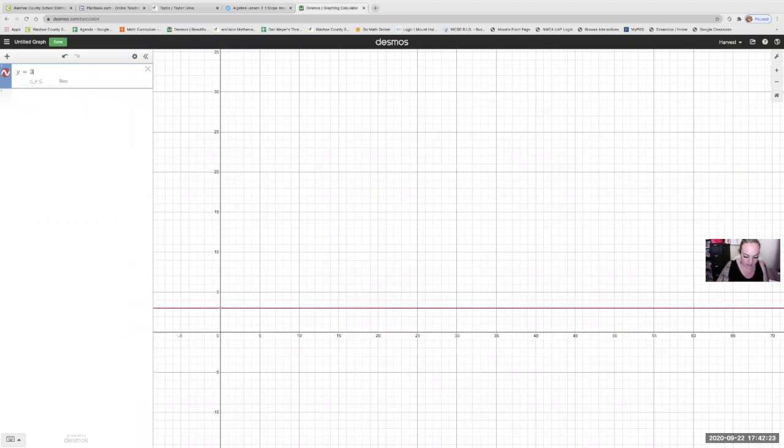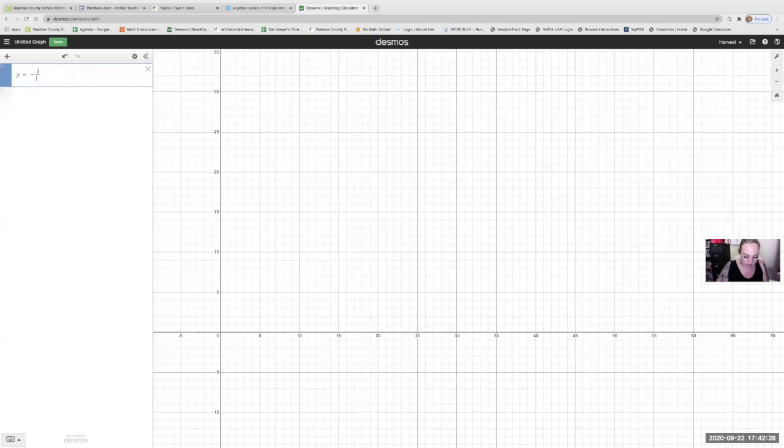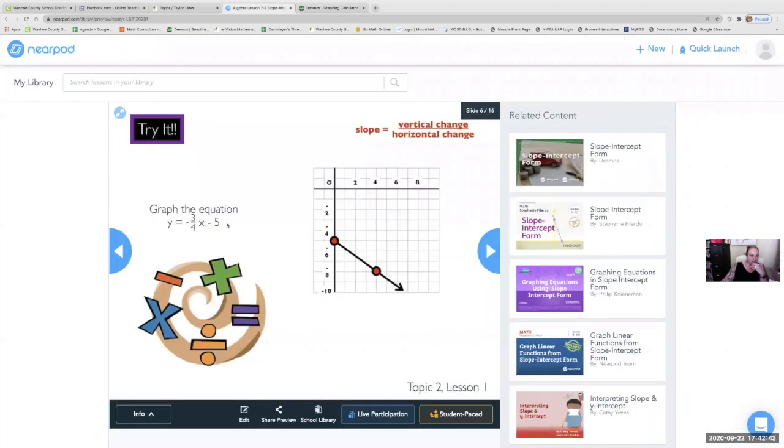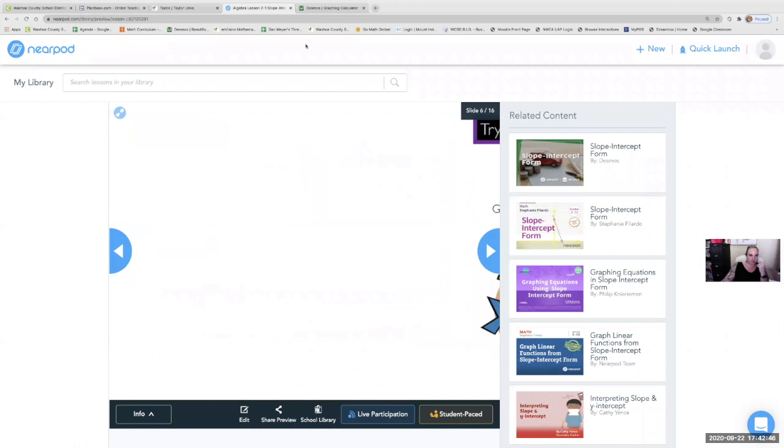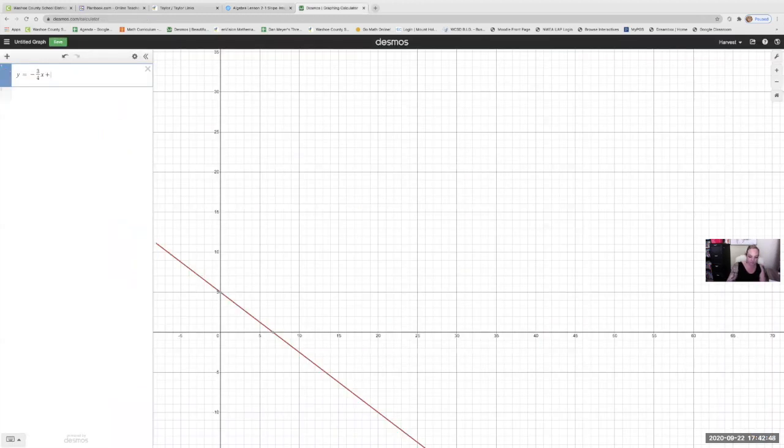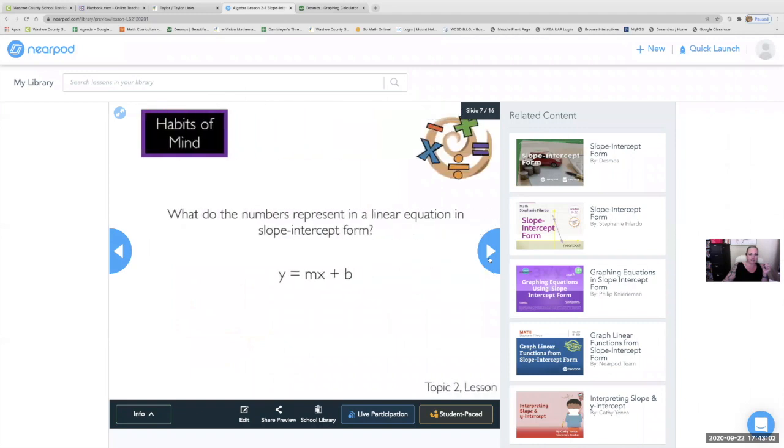Y equals -3/4 x plus 5. Oh, this was a -5. That's okay. We'll just change it. I probably wrote +5, but here's another example of how if it's -5, it just starts at -5 on the y-axis.